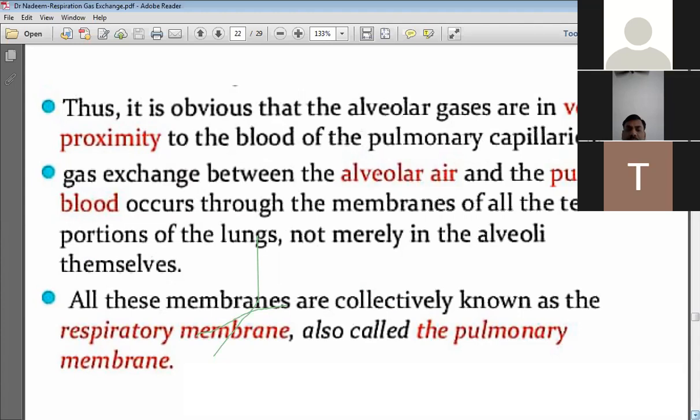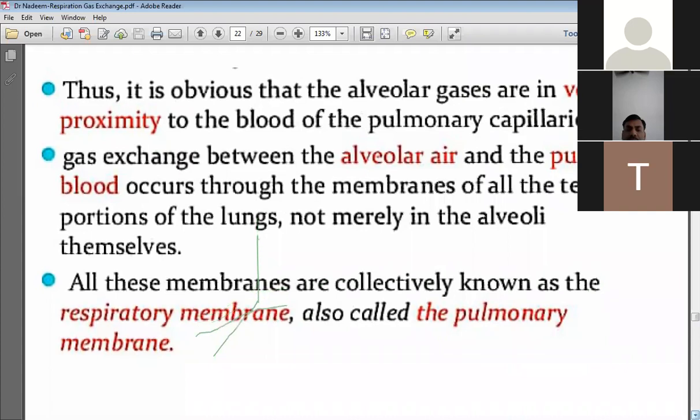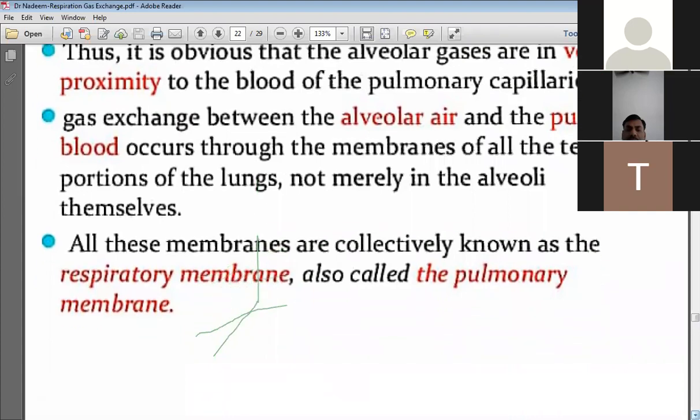That is why it is marked with red. Gas exchange between the alveolar air and the pulmonary blood occurs through the membranes of all terminal portions of the lungs, not only in the alveoli. All these membranes are known as the respiratory membrane, also called the pulmonary membrane.